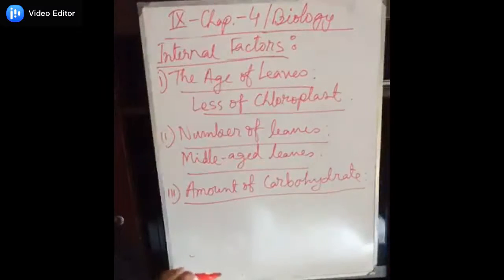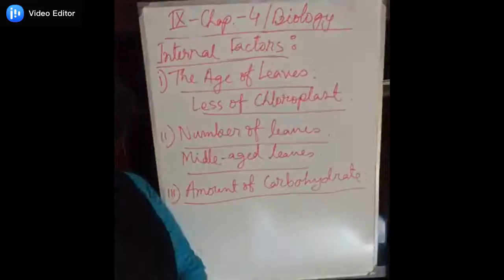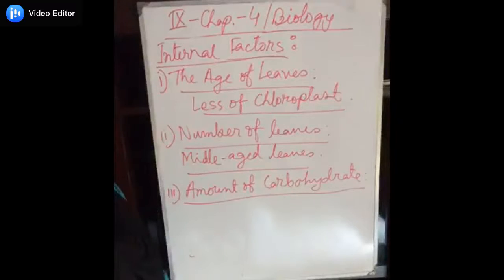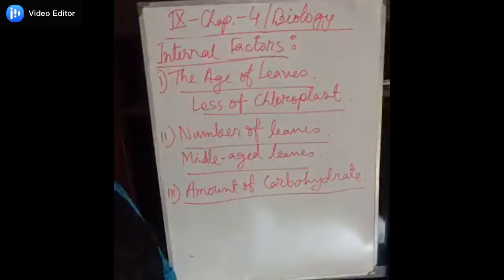The material produced in photosynthesis is carbohydrate, and where is it produced? In the chloroplast. So after production of carbohydrate, if this carbohydrate is not taken away or distributed from the chloroplast, it will occupy the space of the chloroplast. So other materials will not get inside the chloroplast to take part in photosynthesis.